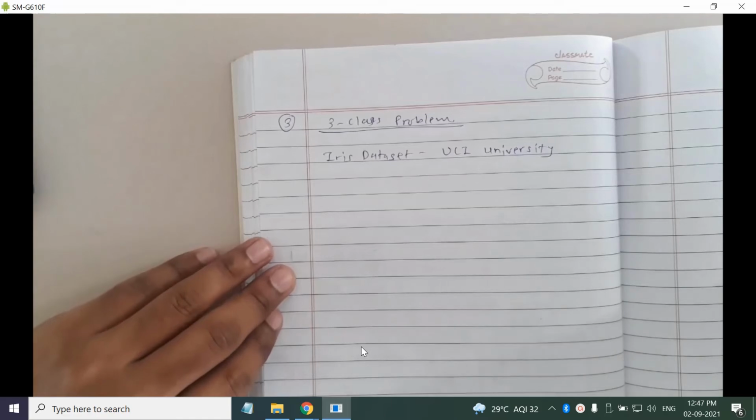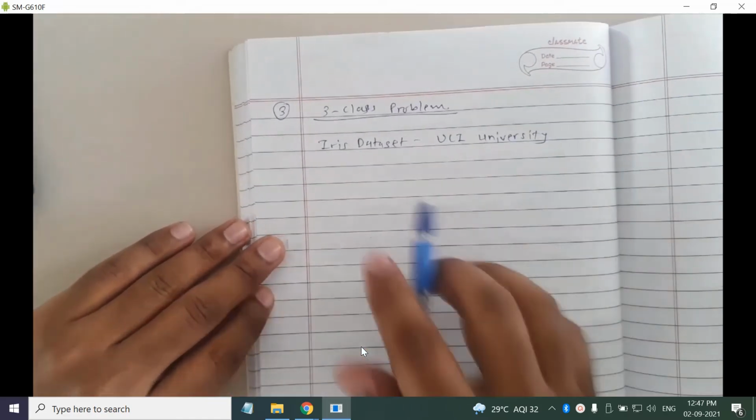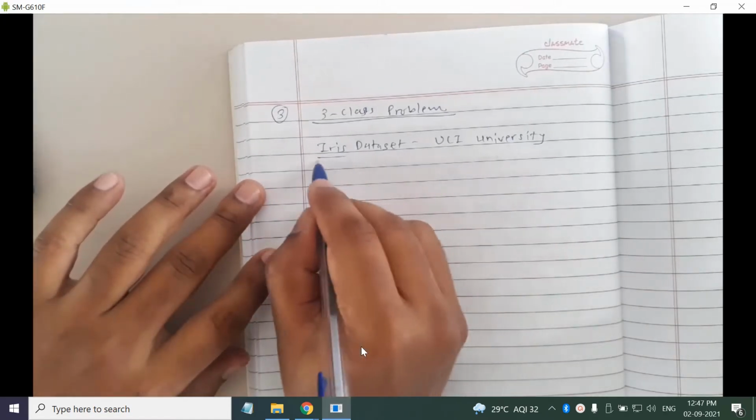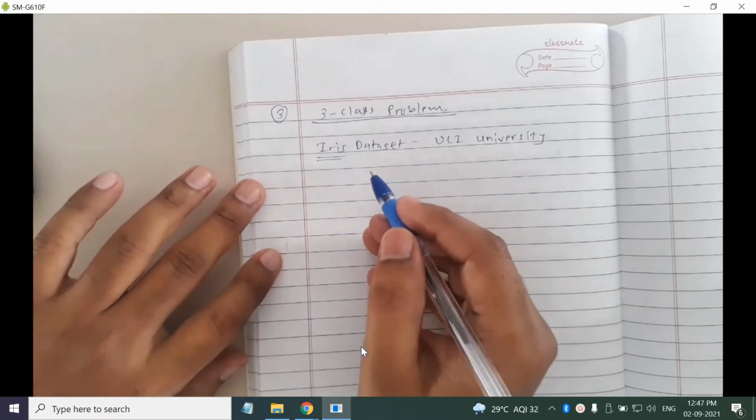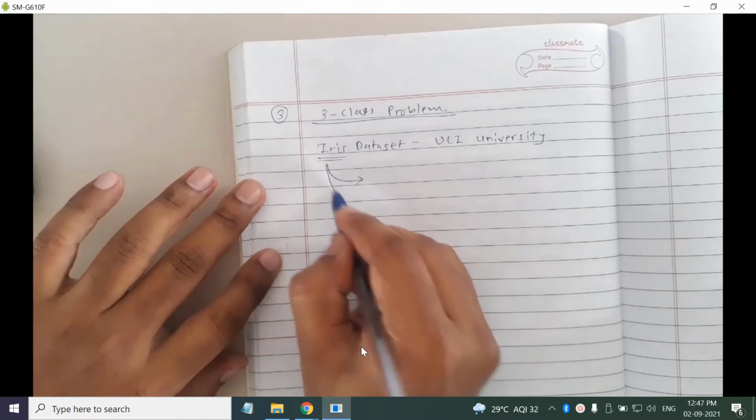Now we'll talk about the 3 class problem. Here we are going to consider the IRIS dataset, provided by UCI University. This IRIS is a kind of flowery plant, and here we have 3 varieties of this IRIS plant.